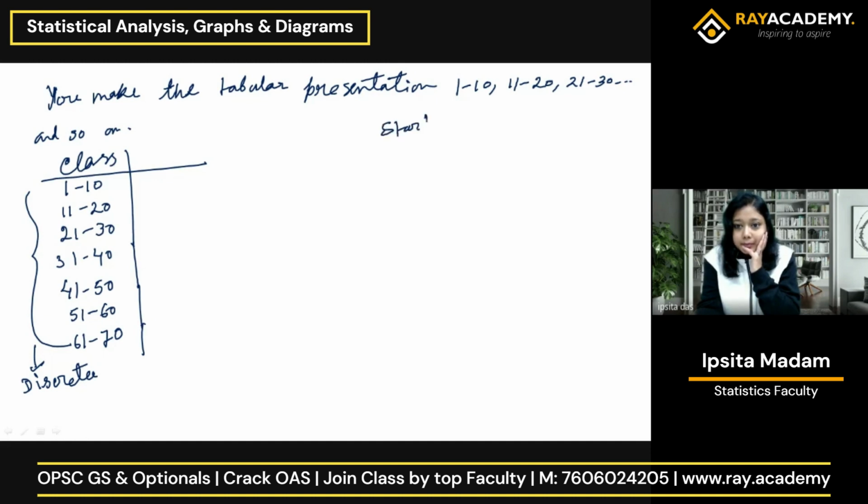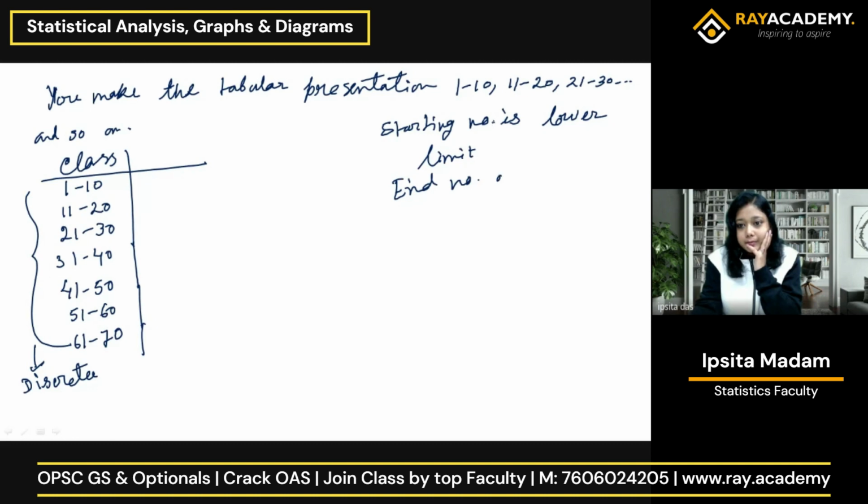The starting number of a class is the lower limit, and the end number of the class is the upper limit.